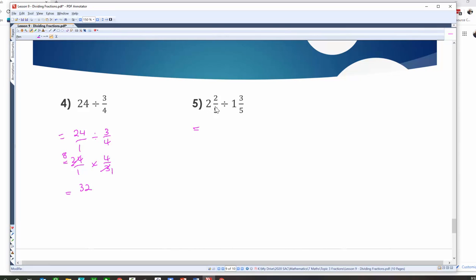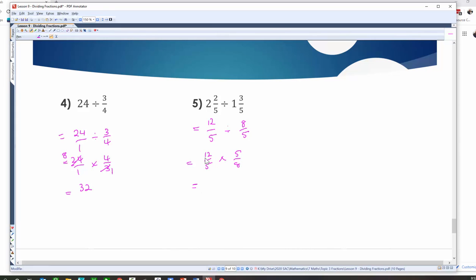All right, this one here, I think the best way to do this problem is to convert to an improper fraction. So 2 times 5 is 10, plus 2 is 12 on 5, divided by 1 times 5 is 5, plus 3 is 8 on 5. Okay, now what we're going to do is, because it's dividing by a fraction, we're going to change that to a multiply by the reciprocal.